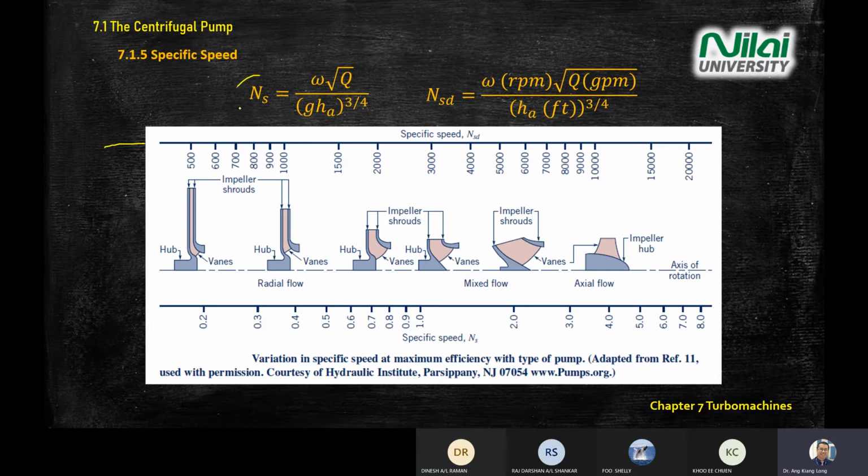So you either use NS or you use NST. NST is used in the US only. Normally we'll use NS. It's a dimensionless parameter. You calculate it and then you get a value. You have two axes here, one for NST, one for NS. The one below is NS.